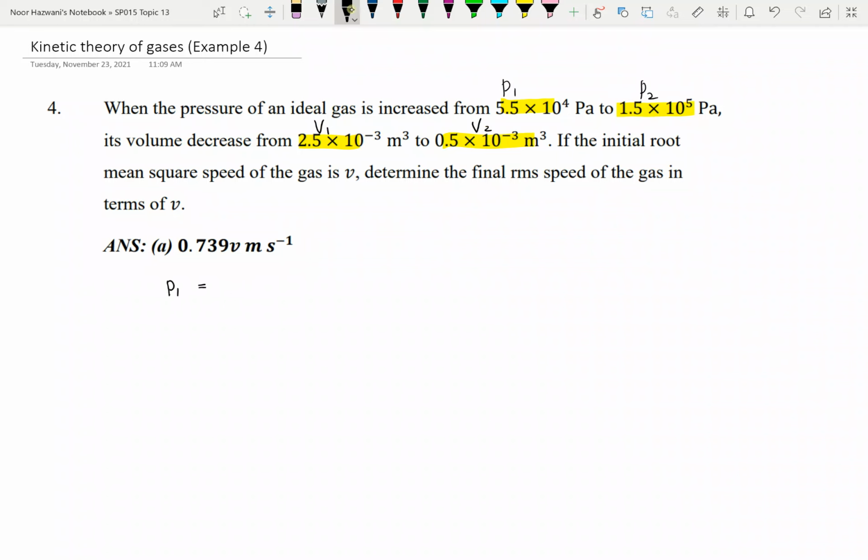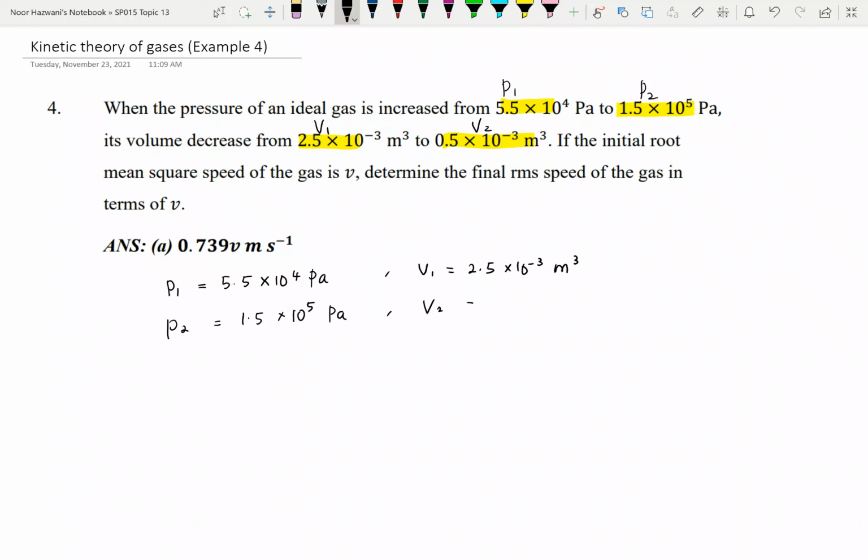So, P1 is equals to 5.5 times 10 power of 4 Pascal. And then P2 kita is 1.5 times 10 power of 5 Pascal. And then V1 kita adalah 2.5 times 10 power of negative 3 meter cube.